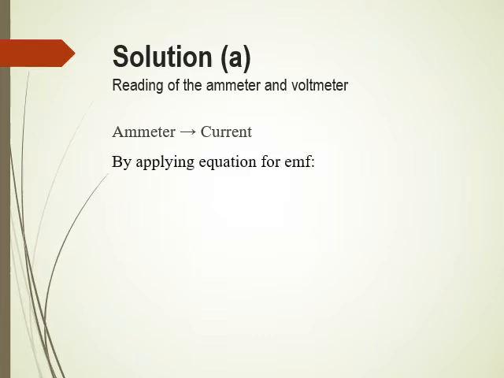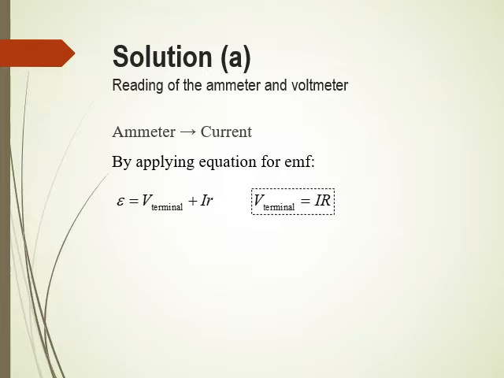Therefore, by applying the equation for EMF, we have EMF equals terminal voltage plus Ir. But we don't have the value for terminal voltage. So, we need to substitute V terminal as IR, where this R is the resistance for the external circuit.